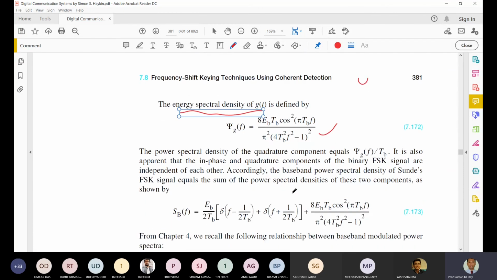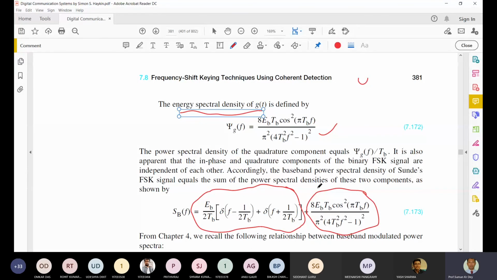So the power density for the total signal will be, there are two components. One is the in-phase component, and this is its power spectrum density, and this is the power spectrum density for the quadrature component.